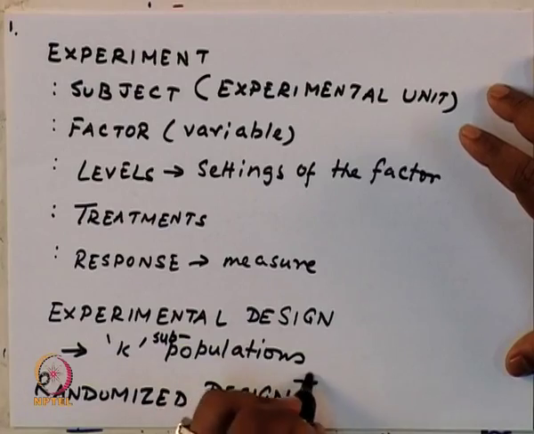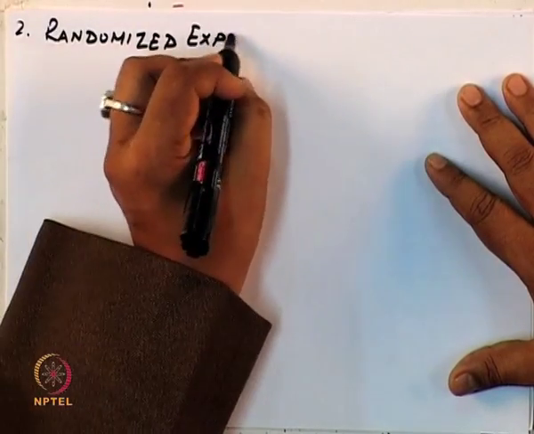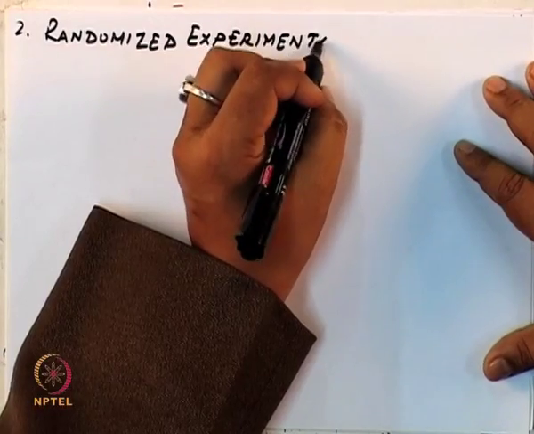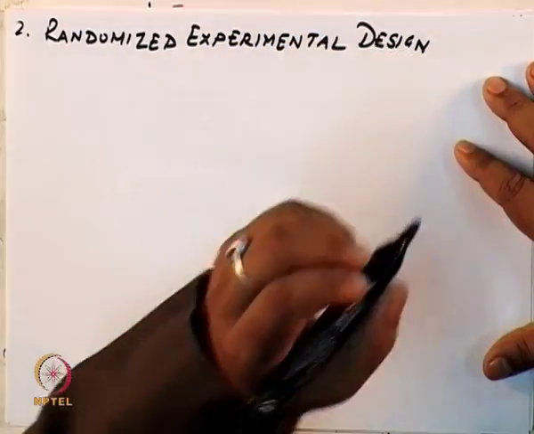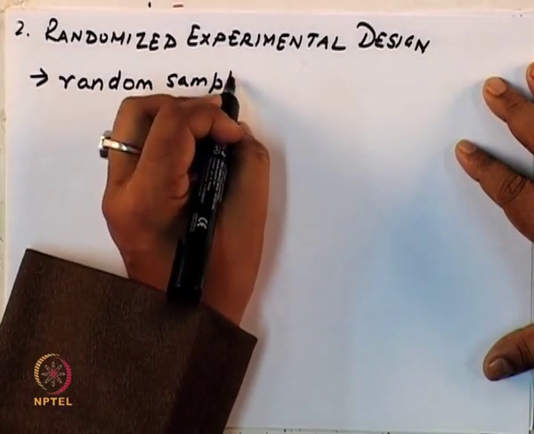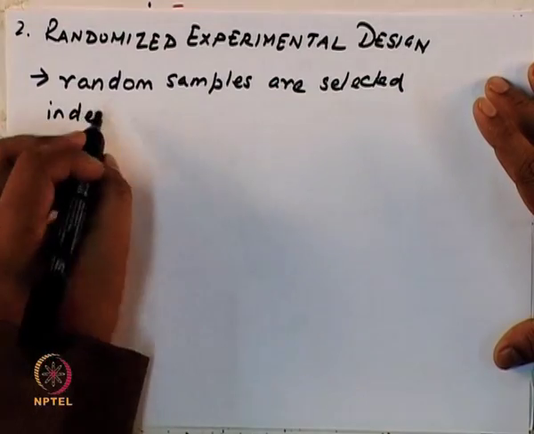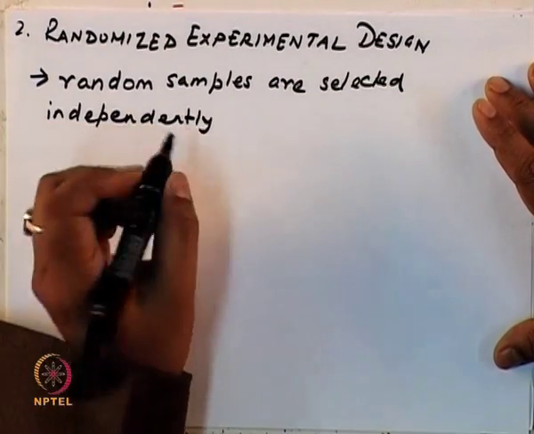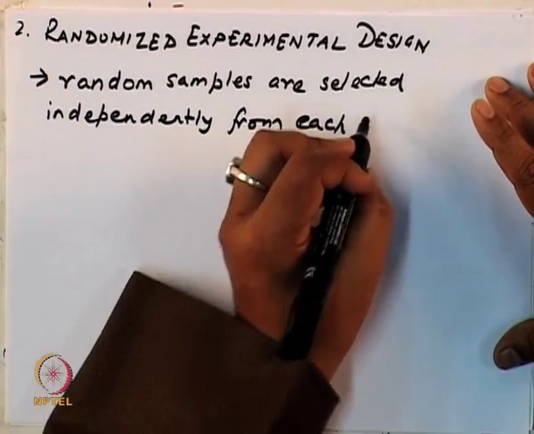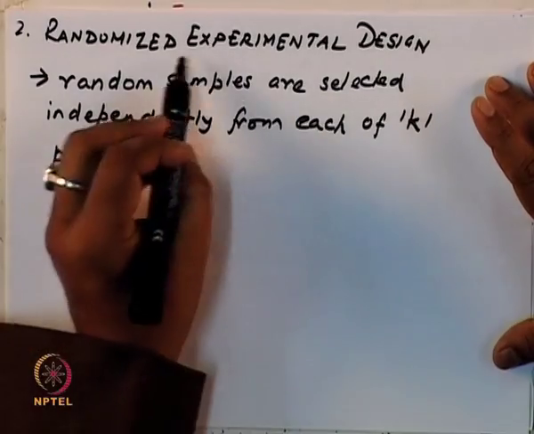For a randomized design, or randomized experimental design, random samples are selected independently from each of k populations. So, this is called a randomized design.